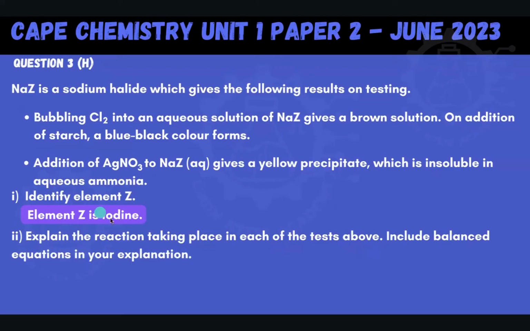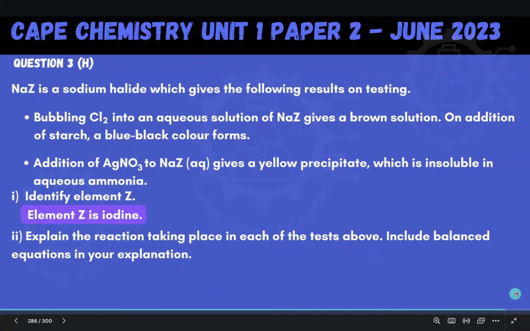So how did we know it was iodine? Let's take the first test, for example. When we look at the first test, I said it was iodine, so I'm going to write the iodine there and then explain the observations in light of that. I put my I there, so I have my NaI, and we bubble chlorine through that.